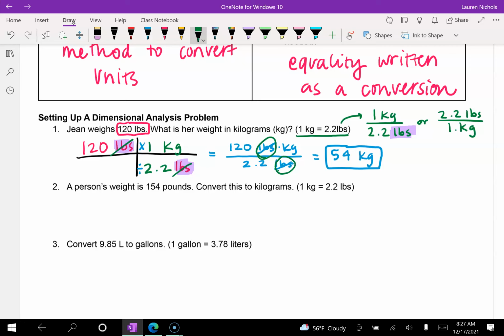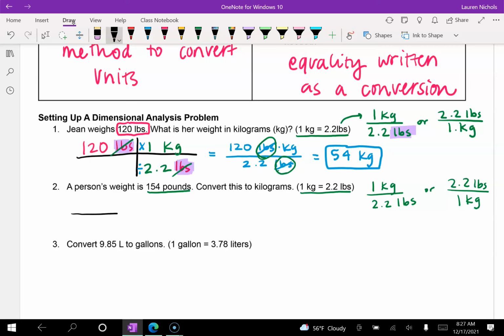Let's look at number 2. It says a person's weight is 154 pounds. Convert this to kilograms. Again, we have the same equality: 1 kilogram over 2.2 pounds, or 2.2 pounds over 1 kilogram. It just depends on which one we need to use.